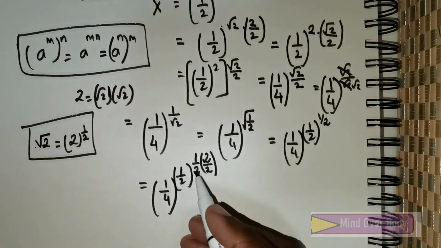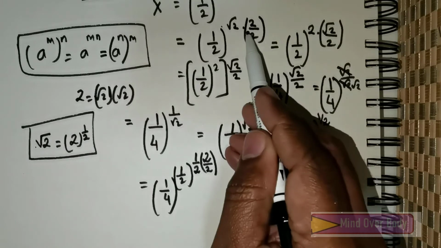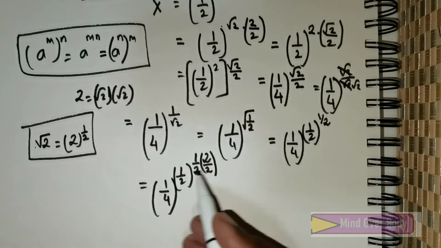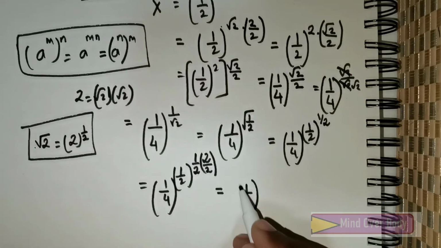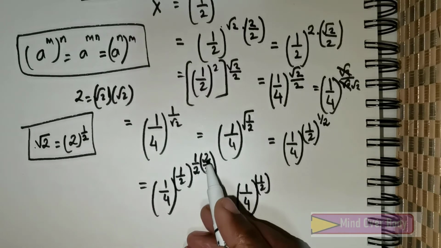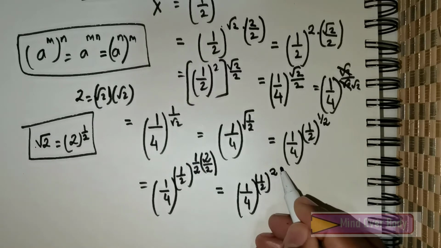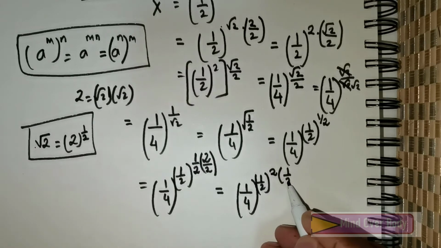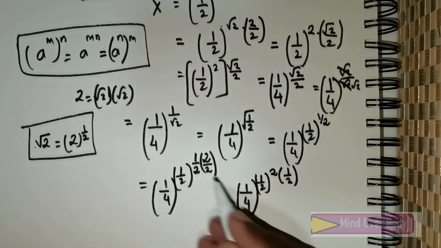So I'm going to adopt the same principle that I have adopted in the first case, that is moving the 2 in front of the quantity 1 over 2. So that would mean I've got 1 over 4 here, and that is raised to the power 1 over 2. Now this 1 over 2 times 2 divided by 2, I'm going to rewrite as 2 times 1 over 2, and there is also another 2 there.